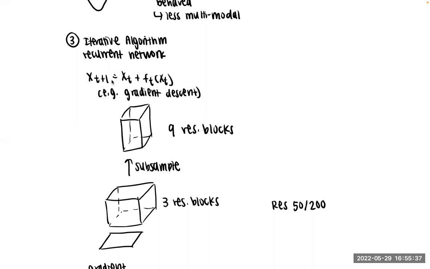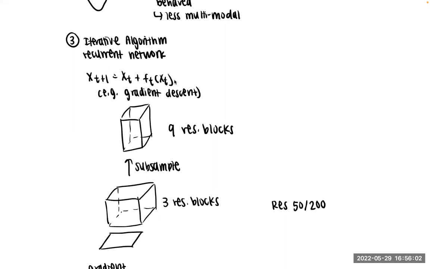So each residual block learns an iterative algorithm. We know that an iterative algorithm is often in the form of this refinement, right? So x_{t+1} is x_t plus some correction or refinement. For example, in gradient descent, at the current x_t, you take the gradient.